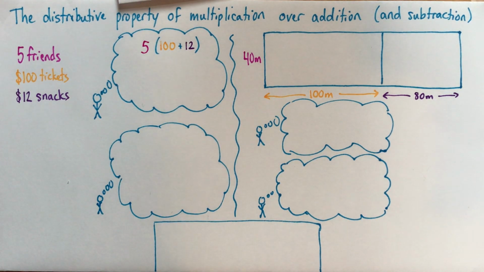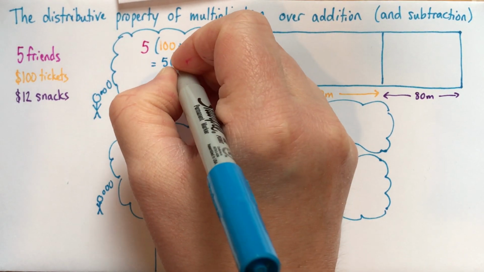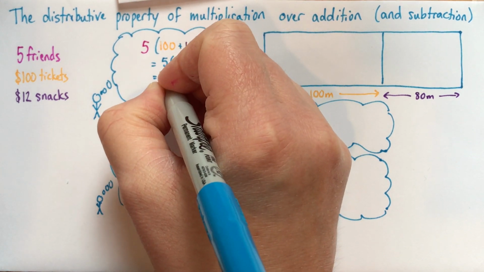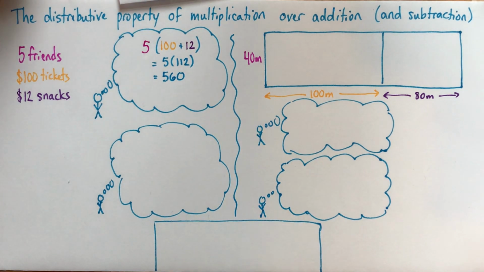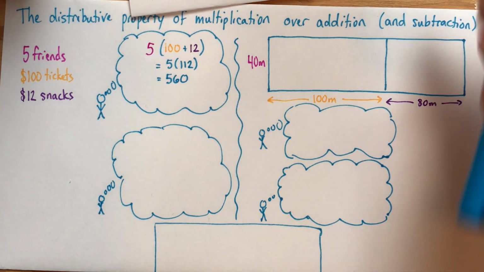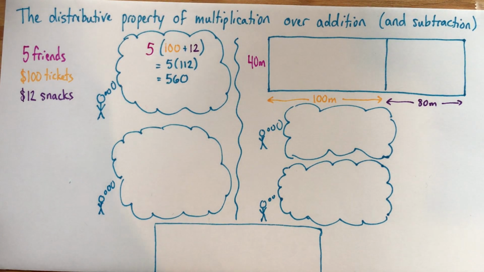I'm writing that out in front because it looks a little bit nicer. So that's 5 times 112, and that comes out to 560. So this person added first and then multiplied by 5 afterwards.